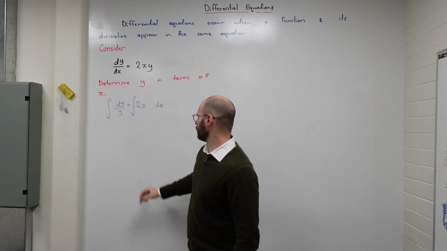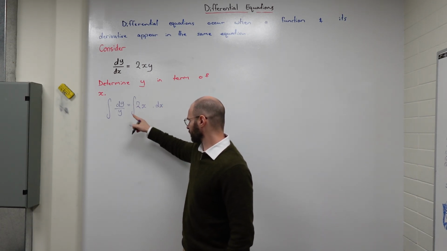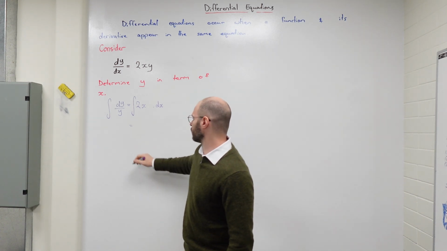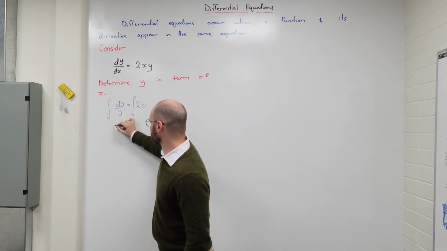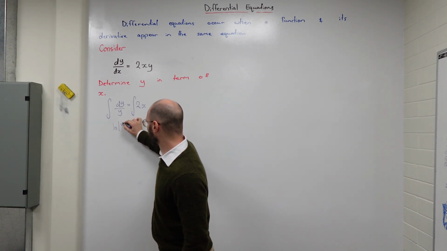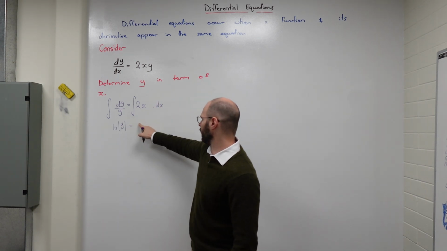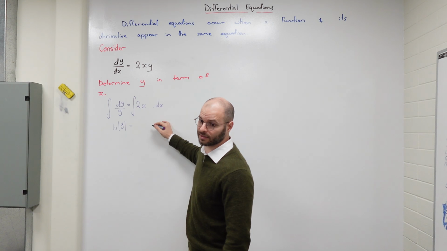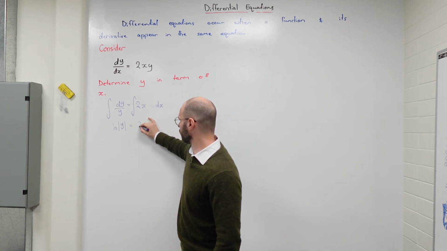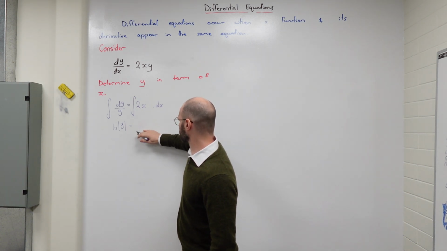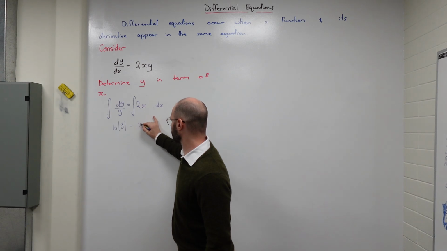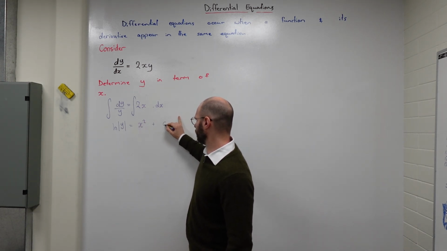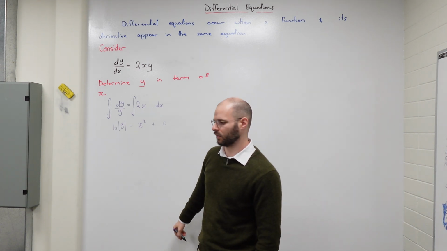The integral of 1 over y with respect to dy turns into ln y. On the right-hand side, we're integrating 2x with respect to x, which gives us x squared, and then we've got a plus c for the constant.